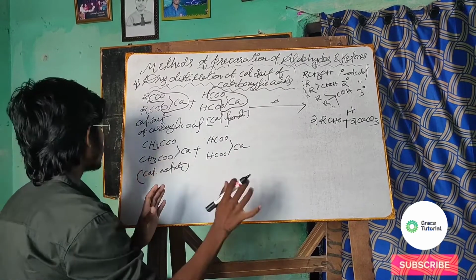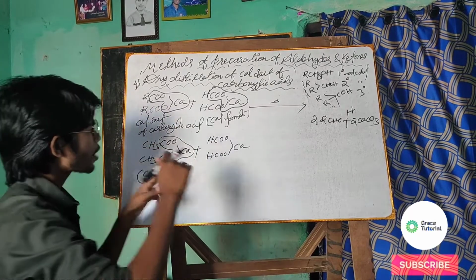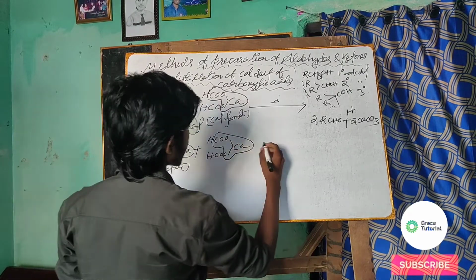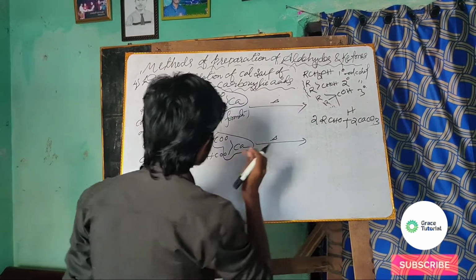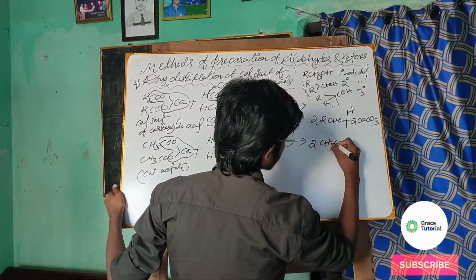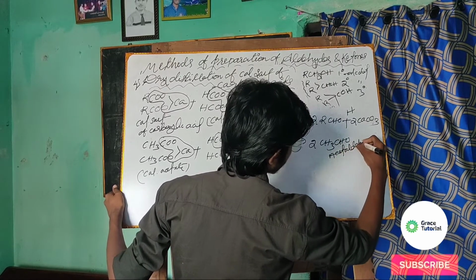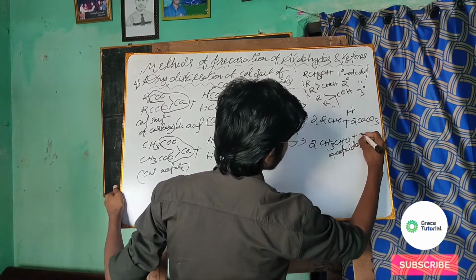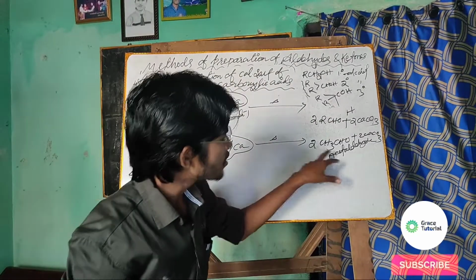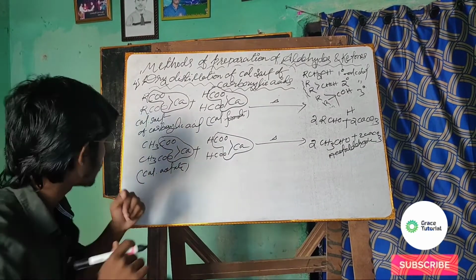The calcium carbonate is removed from here, and here also this calcium carbonate is removed. So when the distillation takes place, then 2CH3CHO, that is acetaldehyde, results with 2CaCO3. Yes, 2 molecules of acetaldehyde along with 2CaCO3 result. And how it is formed, that's what I have shown here.